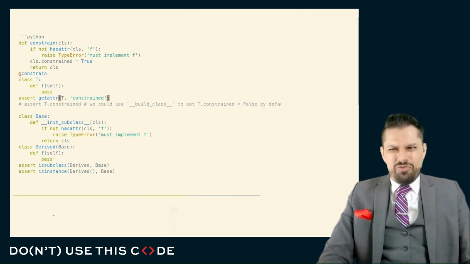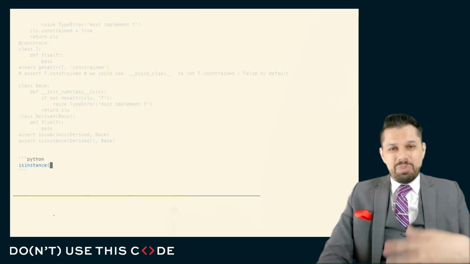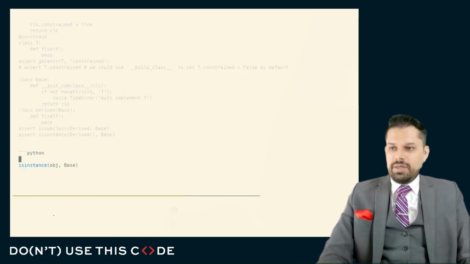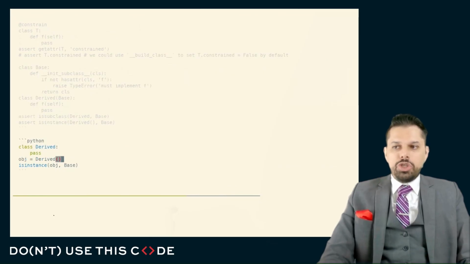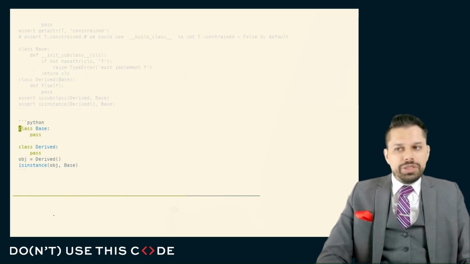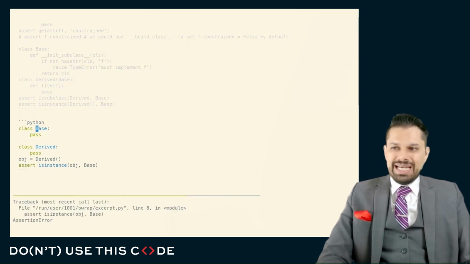But even if we think about the differences in the vocabulary here, we know that isInstance is part of the Python vocabulary to ask if an object is an instance of something. Here, let's call this base. Let's create a derived. It does not require that there actually be a pre-existing relationship. Here, note, derived doesn't actually come from base. It's misleadingly named. By default, there is no relationship between these. But all I have to do is add a metaclass to this thing.